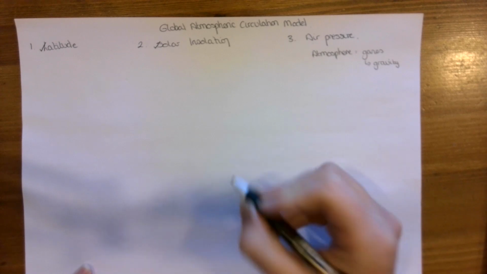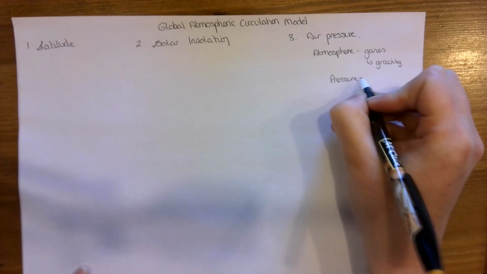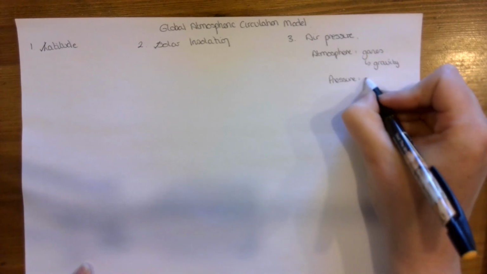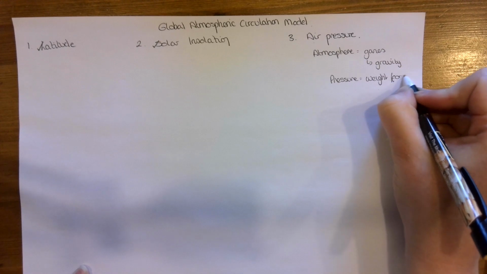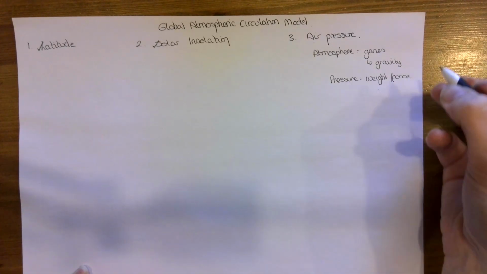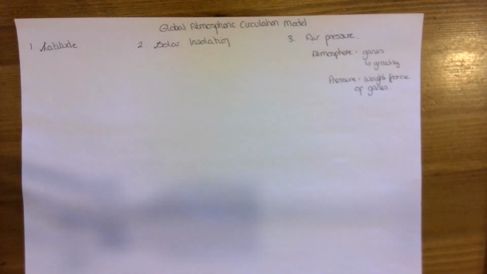And if we take the second part of that, pressure, when something's under pressure, it's the weight or the force of something pushing down, which in this case is the weight or the force of the gases.